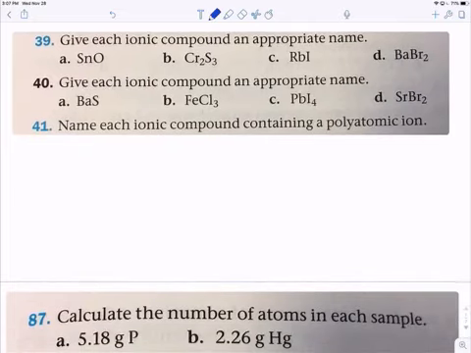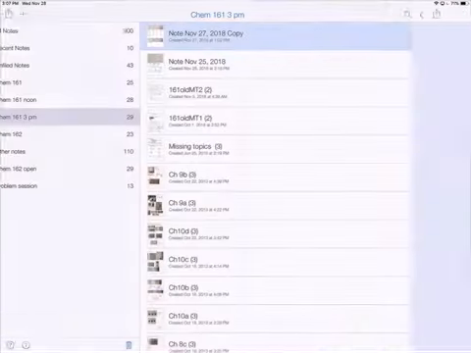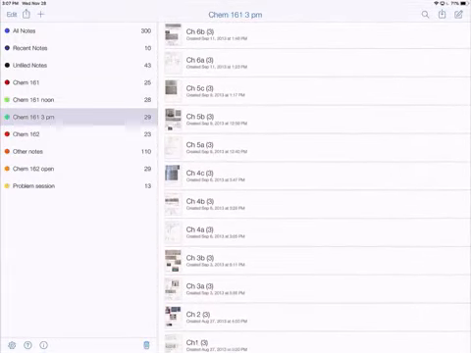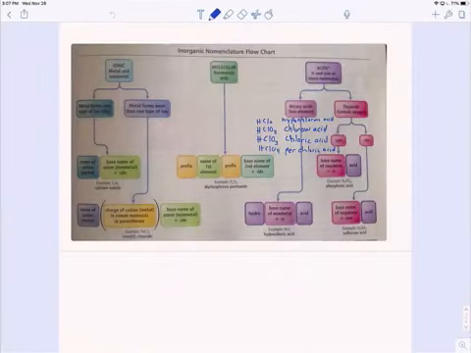All right. Give each compound an appropriate name. So A is going to be tin(II) oxide, and if you recall from the email I sent out, you are going to get this chart.